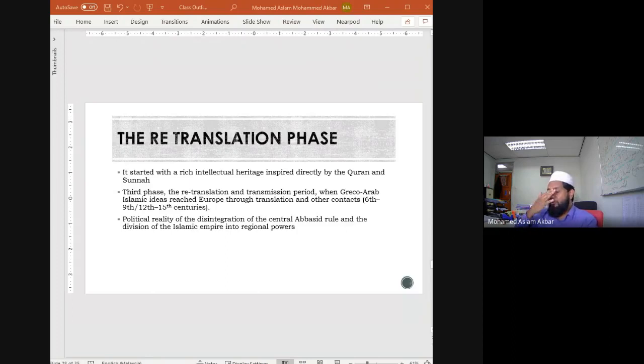So now look at this second group that I'm talking about. In a way, they are Islamic scholastic scholars, because they also wanted to synthesize Islamic theology and Greek philosophy, but keep this in mind: they always wanted to prove Islamic supremacy.